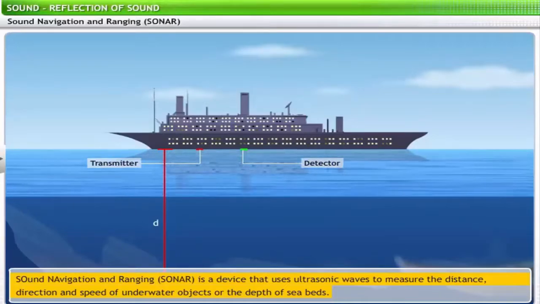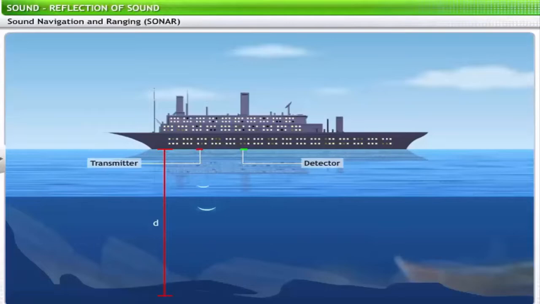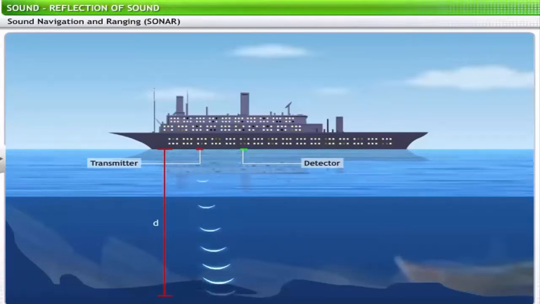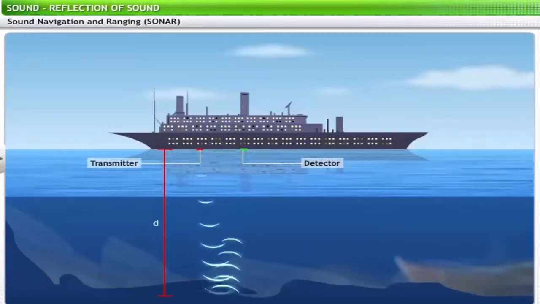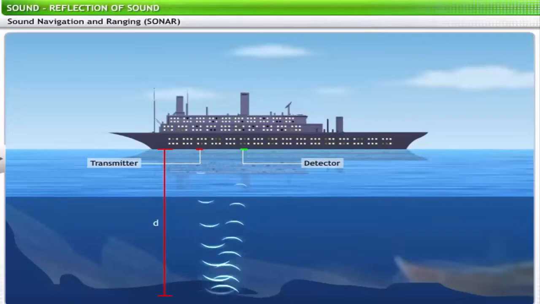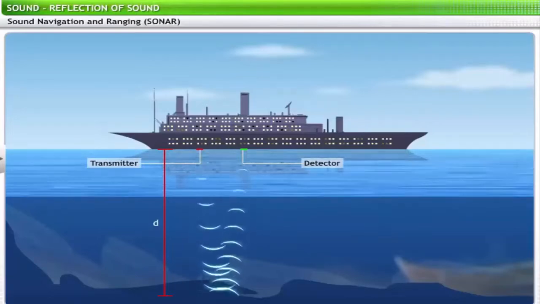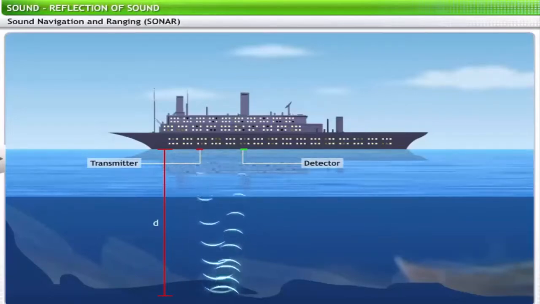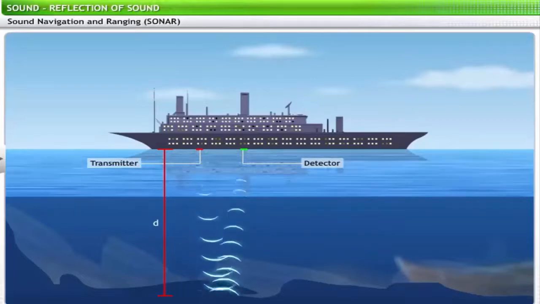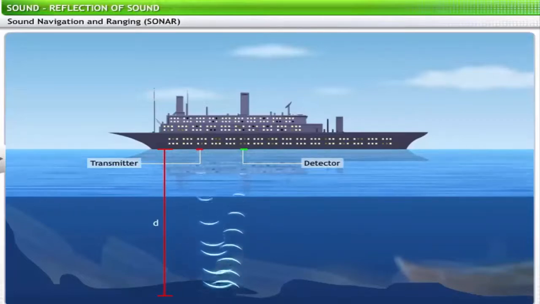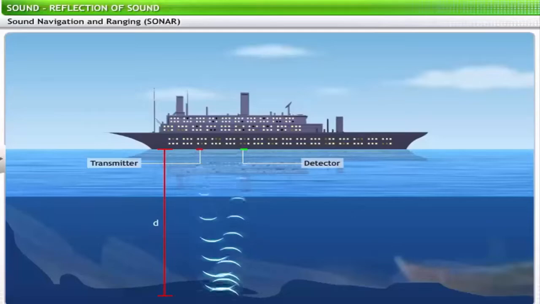The transmitter produces and transmits ultrasonic waves that travel through water and reflect back after striking objects or the seabed. The detector catches the reflected rays and converts the ultrasonic waves into electrical signals, which can be suitably interpreted.